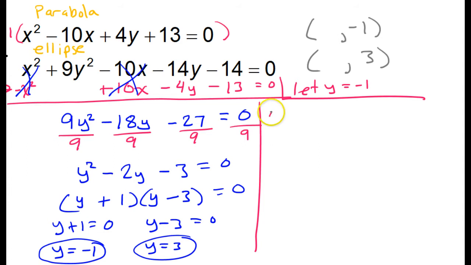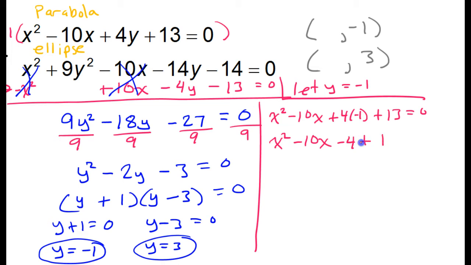So this equation will become x squared minus 10x plus 4 times -1 plus 13 is equal to 0. So that's x squared minus 10x minus 4 plus 13 is equal to 0. So that's x squared minus 10x plus 9 is equal to 0. Just combining like terms here.